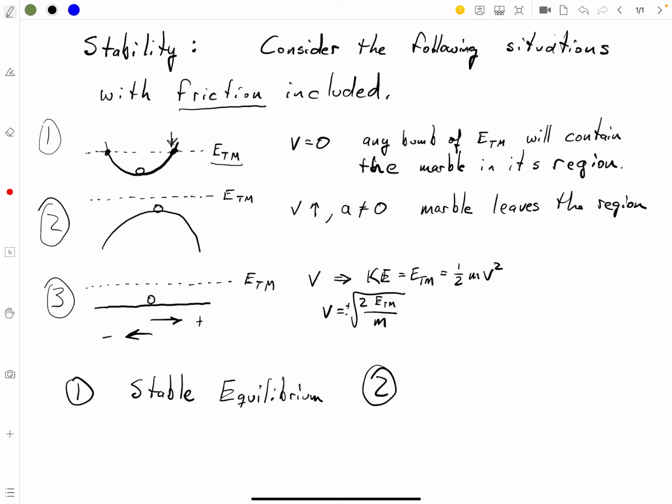Number 2 is unstable. Unstable equilibrium. And of course, number 3 is neutral equilibrium.